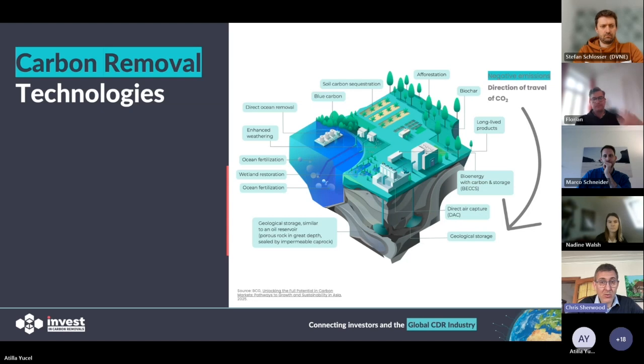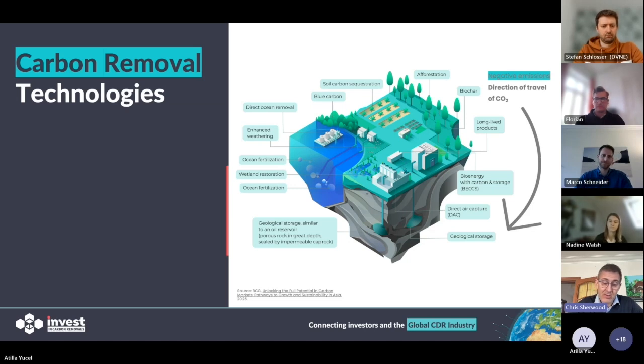What you can do with sustainable biomass is sequester it at the bottom of the sea or underground, and that will not decompose. That's therefore also carbon removal. You can use the biomass for biochar, which is great as a soil amendment.